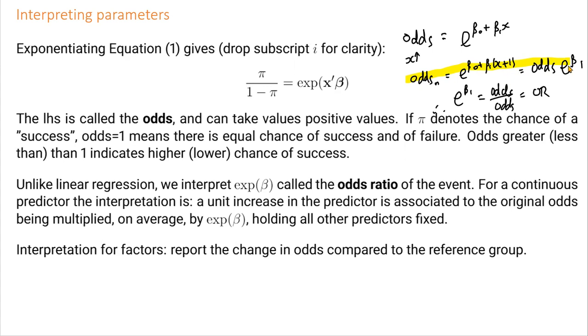Whereas if this factor is less than 1, your odds is shrinking. That's how you'd interpret a continuous covariate. If your predictor, your X variable, is a factor, then you can interpret like we did in part 1 of the course: it is a change in odds compared to the reference group.